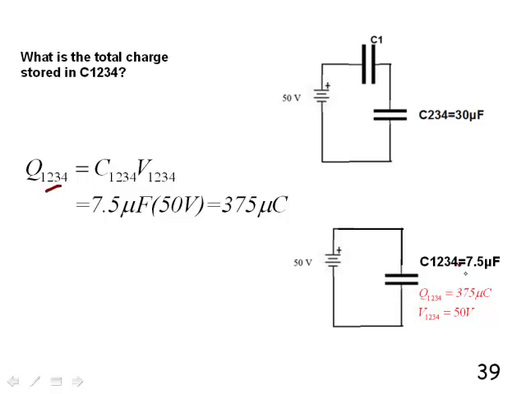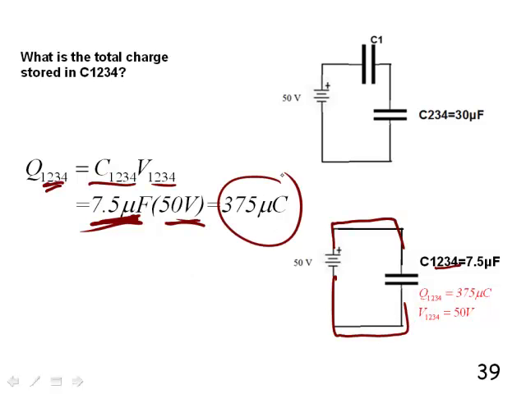So Q1234 is equal to C1234 times V1234. So I just calculated the total capacitance of the 4 capacitors together, and the total voltage on the circuit was 50 volts. So I find the total charge, that's Q1234, is 375 microcoulombs.